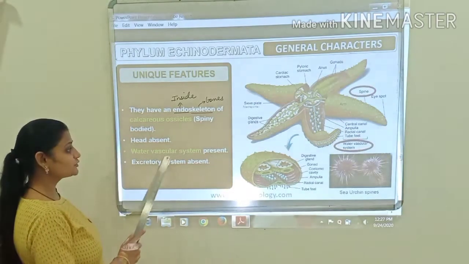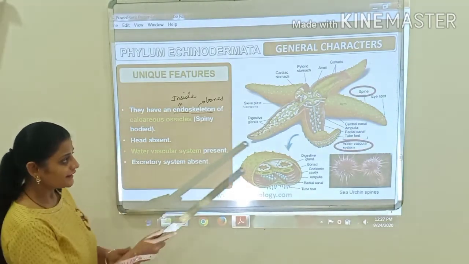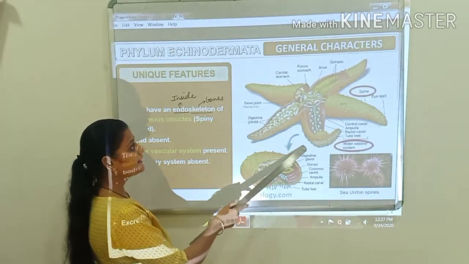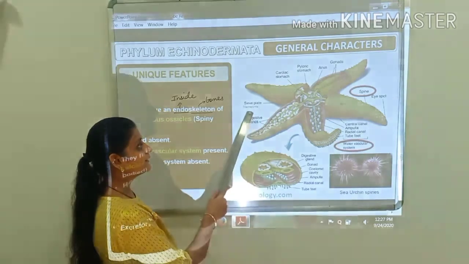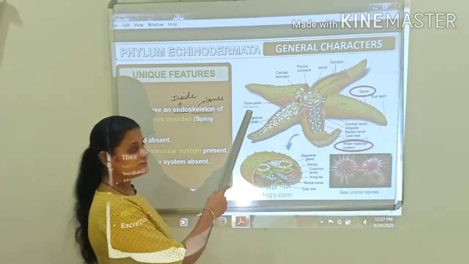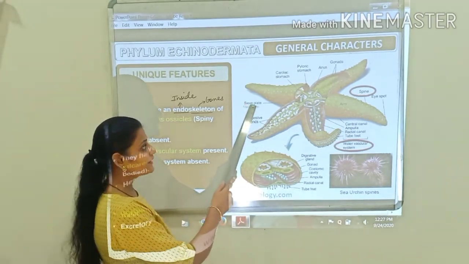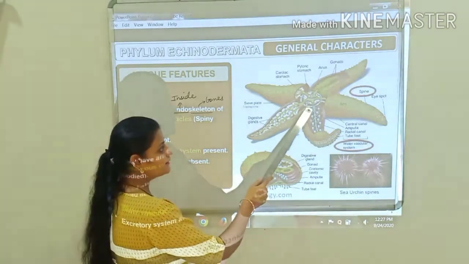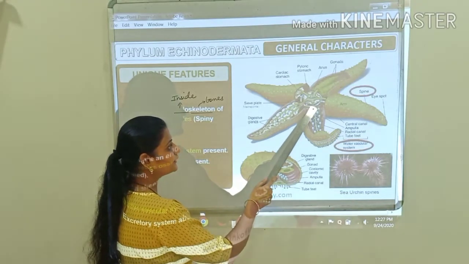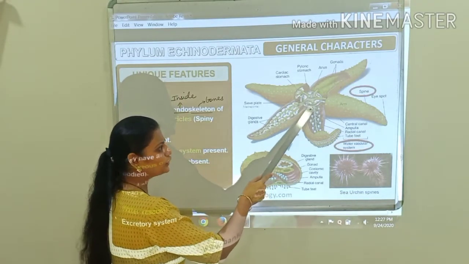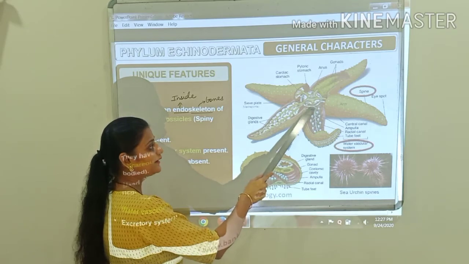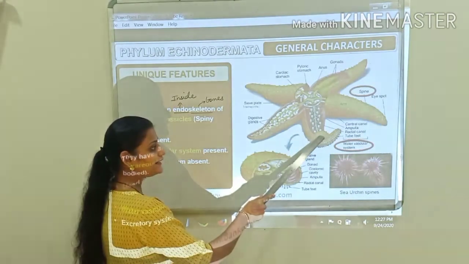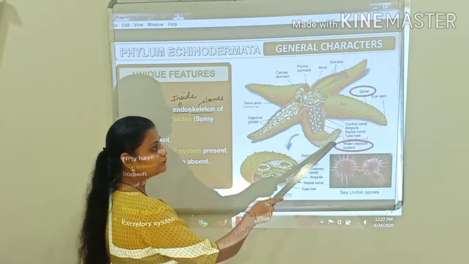And the water vascular system is present. If you see this diagram, it has a water vascular system which consists of the madreporite, that is the sieve plate. The sieve plate opens into the central canal, this circular canal, the pipe or tube-like structure, which then opens into the radial canal, and the radial canal opens into the tube feet.